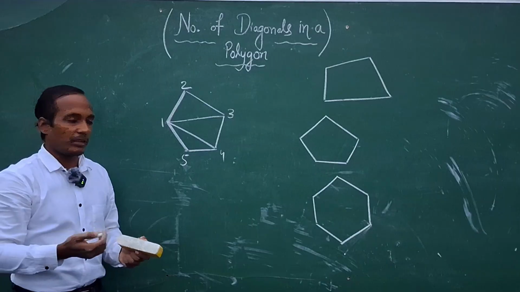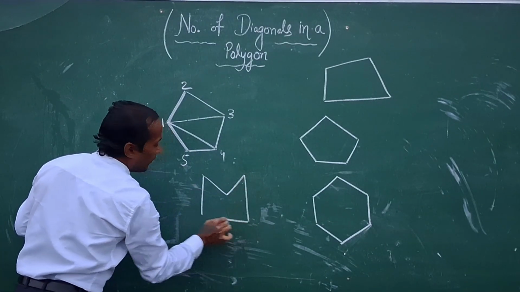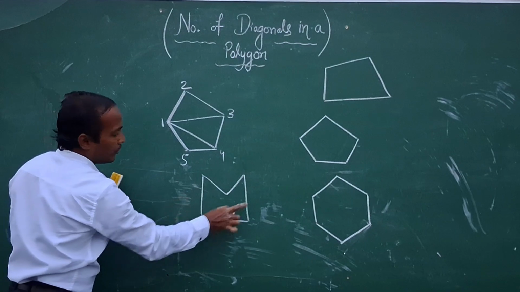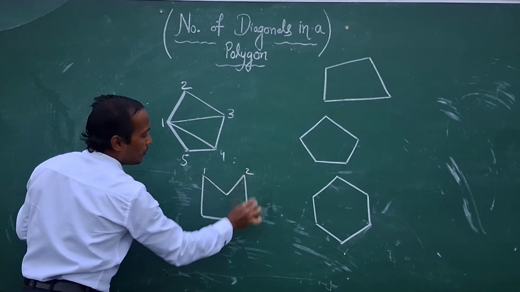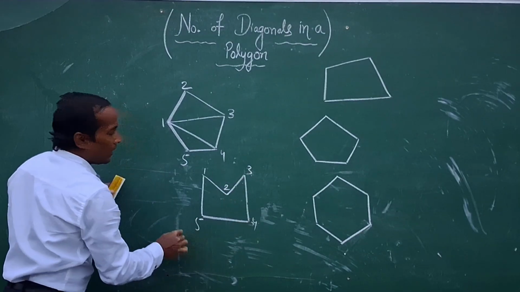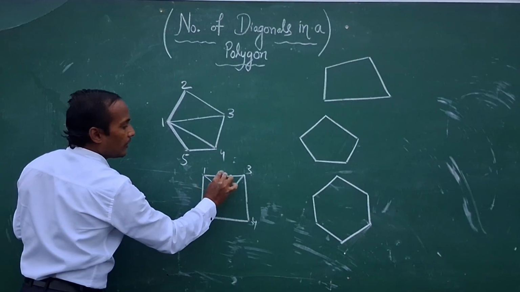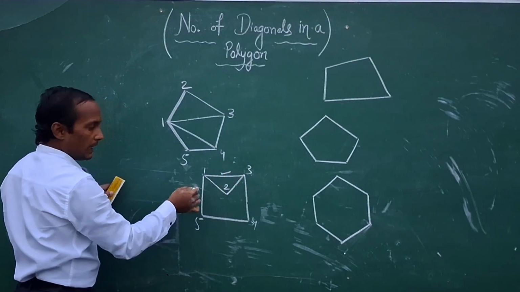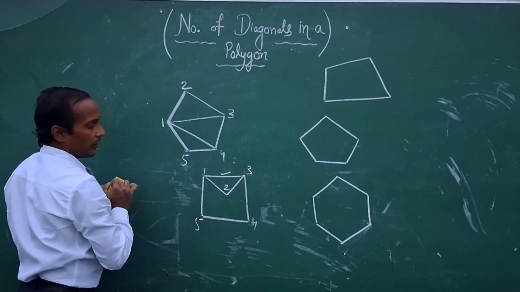But in case of a concave polygon, for example, I will draw a pentagon like this. This is also a pentagon. 5 sides are there. 1, 2, 3, 4, 5. In this case, if I join 1 and 3, you can see that this line segment is coming outside the polygon. This is a diagonal. It is joining two vertices which are not adjacent. Okay.